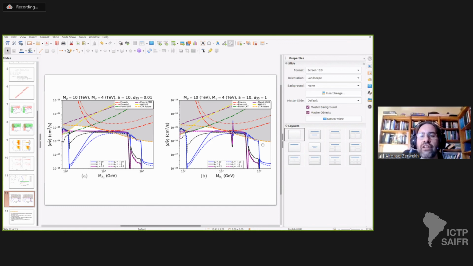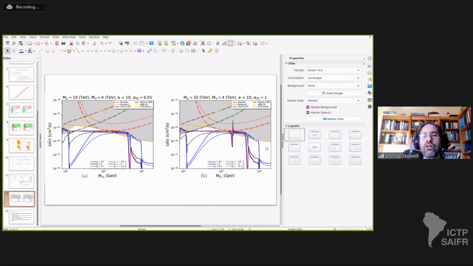In the relevant region, above 1 TeV, CTA will have the possibility to observe a signal from this model, or at least exclude some of the parameter space.